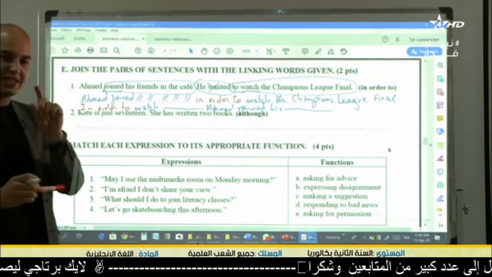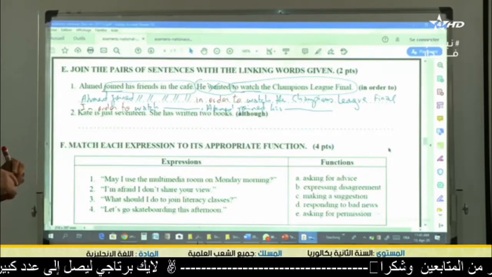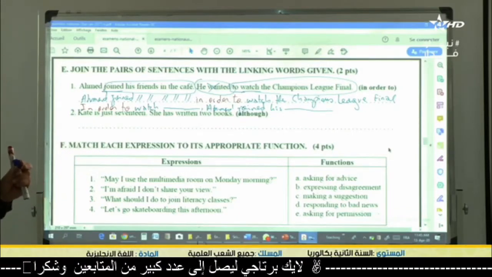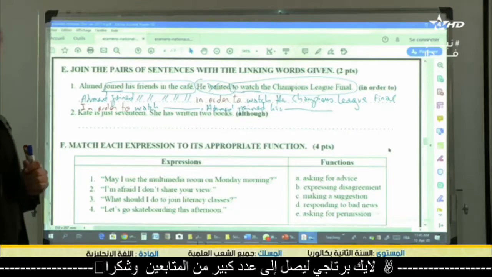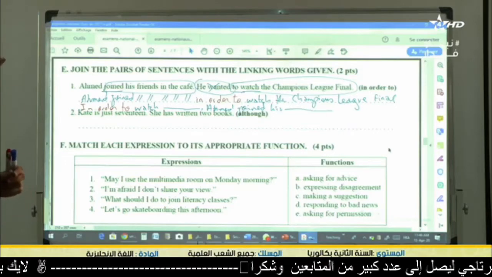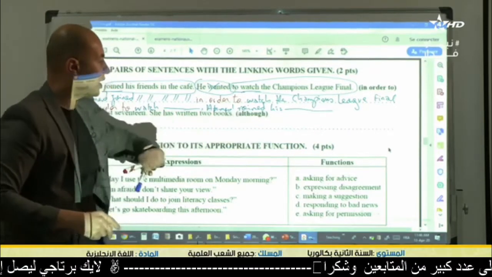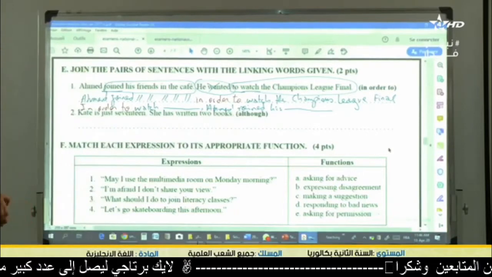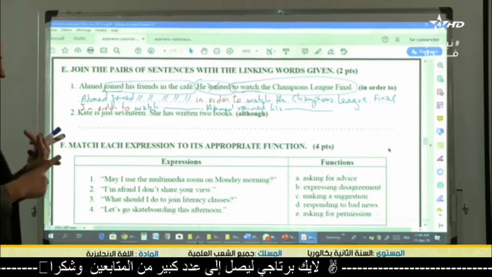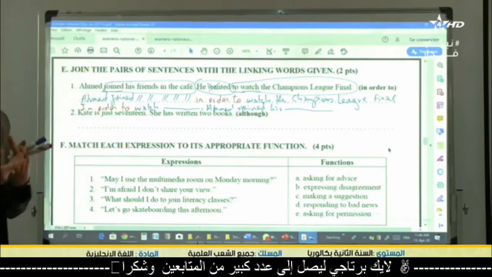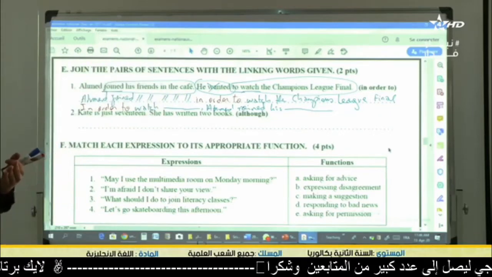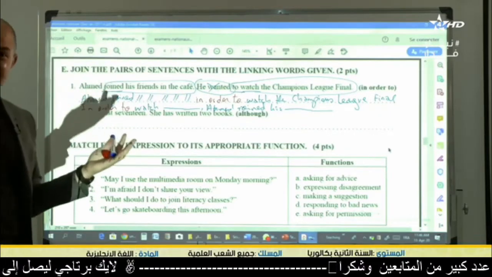Kate is just 17. Kate is a name of a girl. She is just 17 years old. Her age is 17. She has written 2 books. Can you imagine? She's just 17 and she has written 2 books. And we have although. Although, okay, expresses what here? Is it in the linking words we studied: giving examples, cause and effect, purpose, contrast or concession?